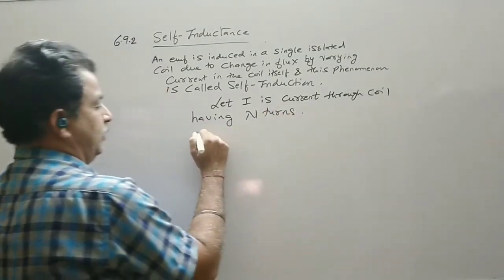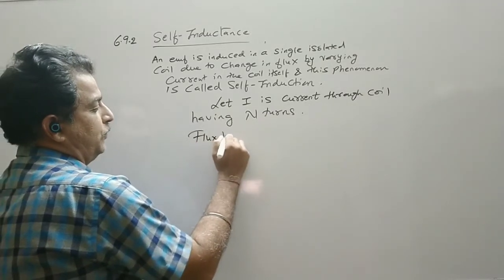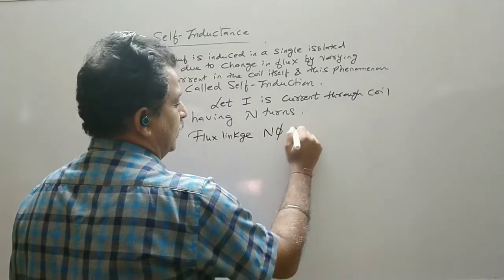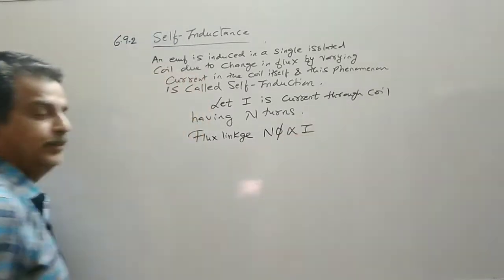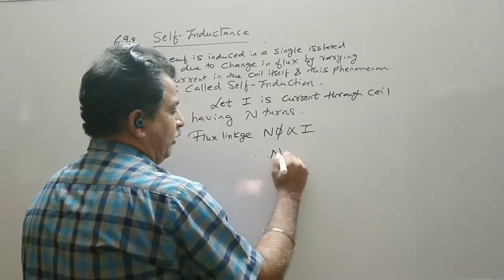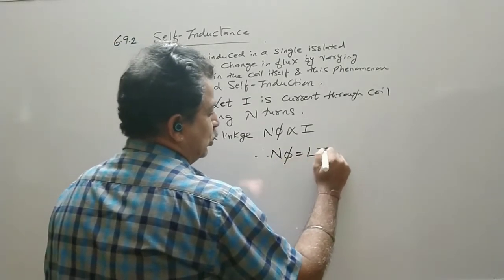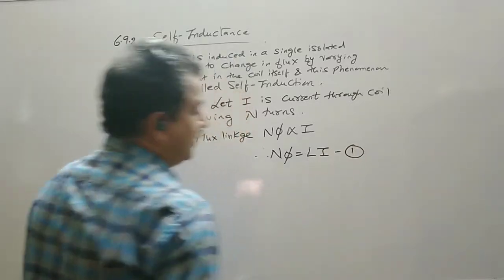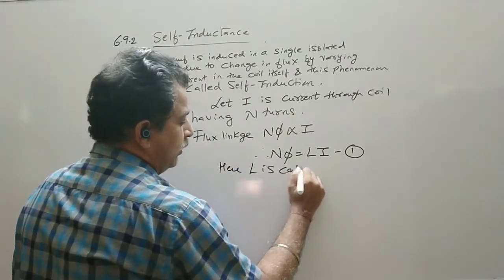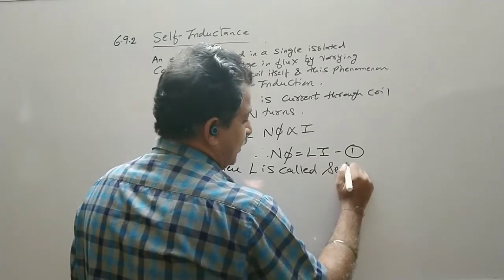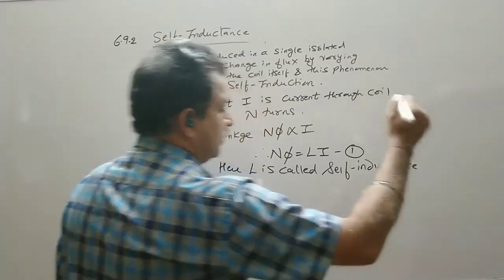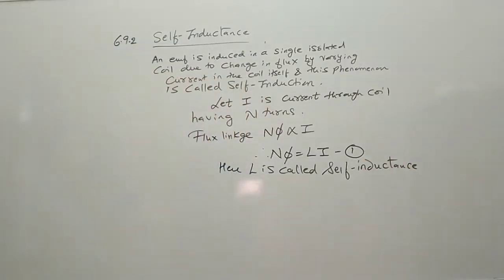Therefore, the flux linkage N phi is proportional to I. Therefore, N phi is equal to L into I. Here, L is called self-inductance. This is the property of a coil.